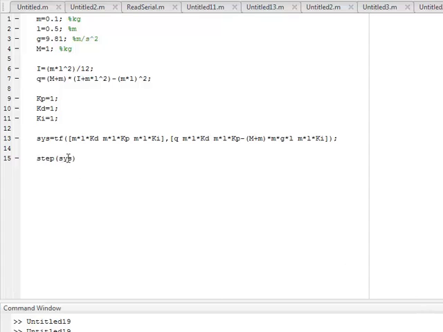I still have step sys here to calculate the step response of the system. But before we look at it, let's take a moment to think about what a step response to this system means now. Remember that our input to the whole block diagram is the angle of the pendulum. A step input is like reaching out with my hand and pressing on the pendulum to try and tilt it to a constant angle.